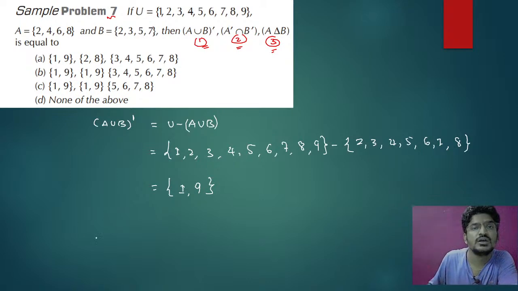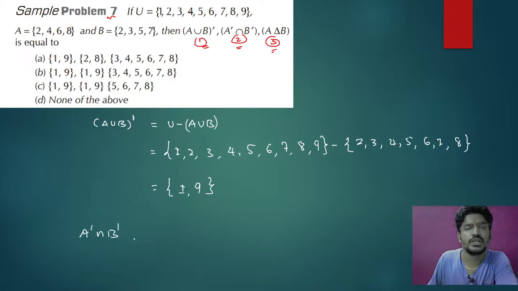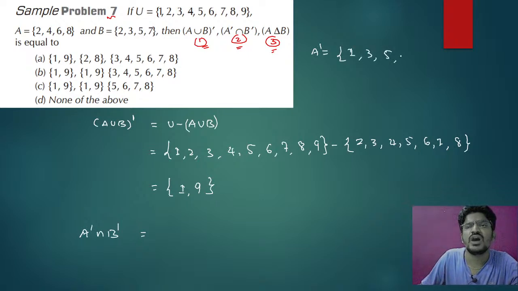Next, A complement intersection B complement. You can solve this. What is A complement? You just see here, A complement is 1, 3, 5, 7, 9. What is B complement?